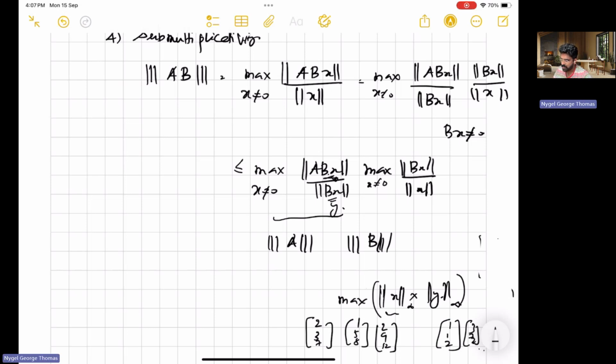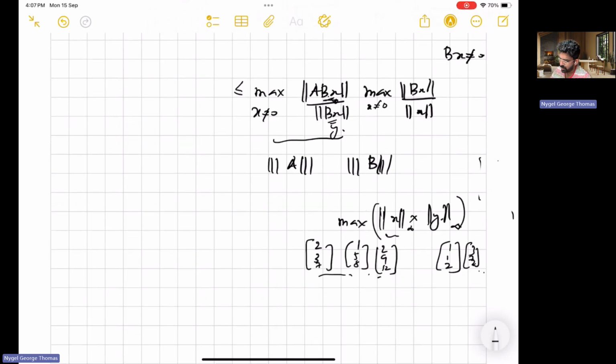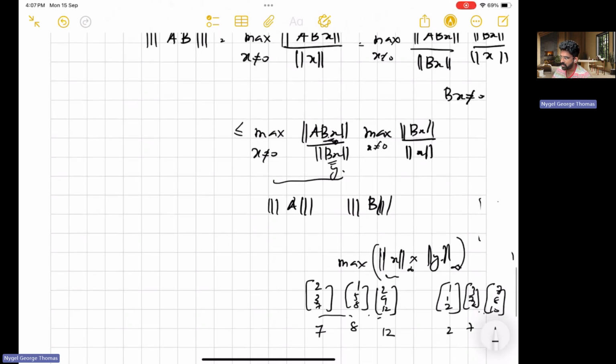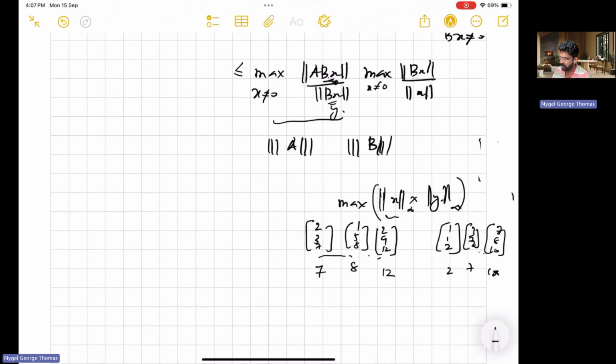We have multiple other candidates. What we're trying to do is, let's say we are taking the infinity norm. So here it will be 7, here it will be 8, here it will be 12, here it will be 2, here it will be 7. Let's say we have another 2, 7, 8, 10. Here it will be 10. Okay. So in this step, we take the product of all these combinations, like 7 into 2, 8 into 17, 12 into 10. Okay, and then take the max.